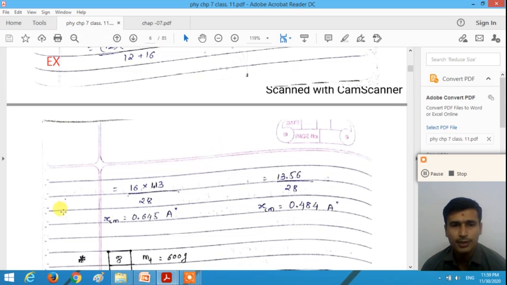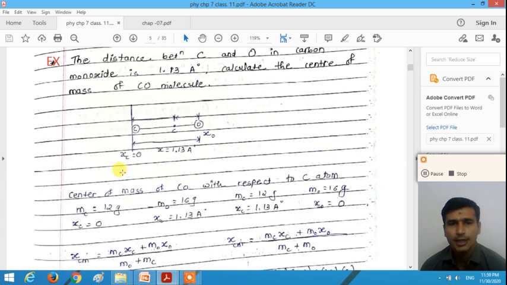So we calculate 16 into 1.13 divided by 28. So xcm, the location of the center of mass from the carbon atom, is 0.645 angstrom. So the center of mass is at a distance of 0.645 angstrom from the carbon atom.